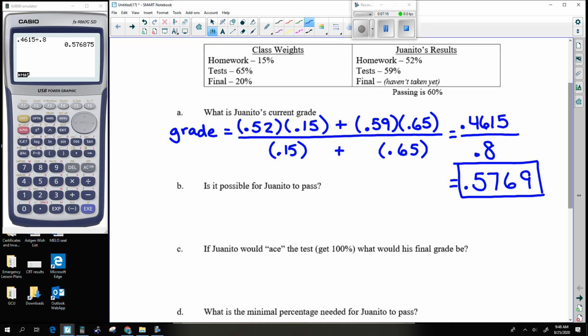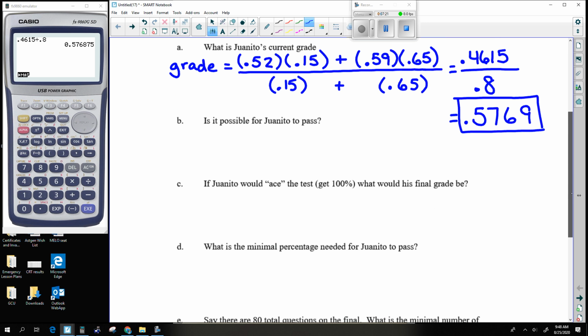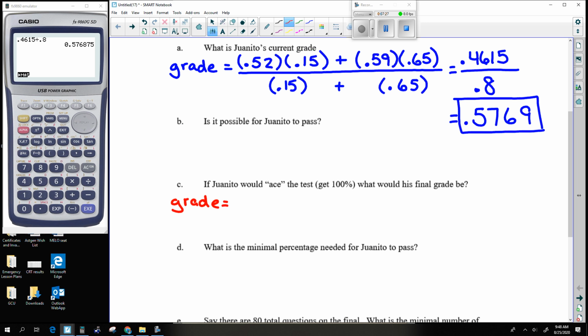So, question C. If Juanito would ace the test, get a 100% on that final, what would his grade be? So in this problem, what would Juanito's grade be if he would get 100% on the final itself?